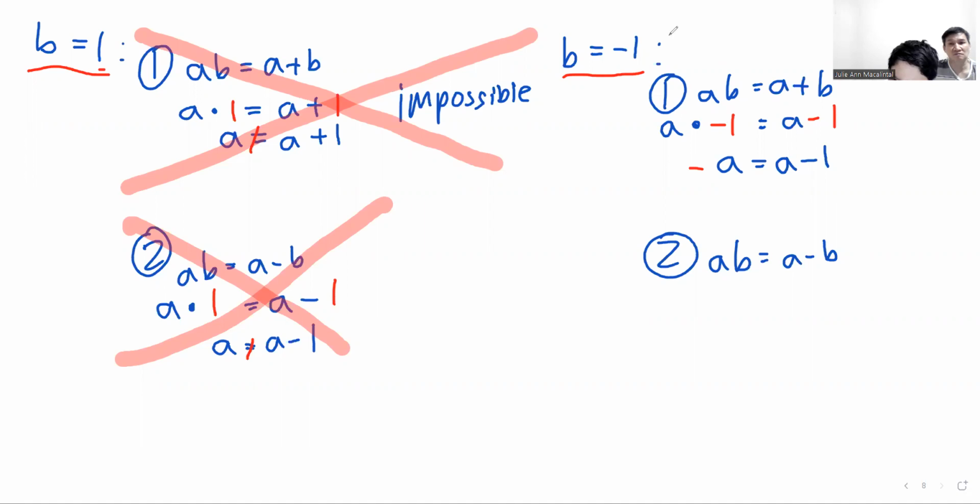But this time it appears it's actually a solvable equation because we can move A to the other side to become 2A minus 1. Then 1 equals 2A. A equals 1 half. Okay, we got something out of it.